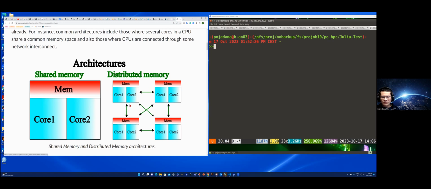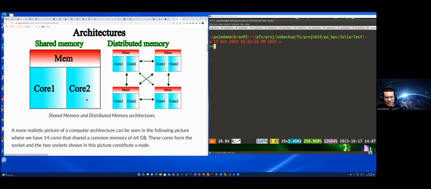So how can one core on this CPU have information on the data that is available here, for example? It can be done through some message exchange, but not just by sharing memory, as in the shared memory architecture.